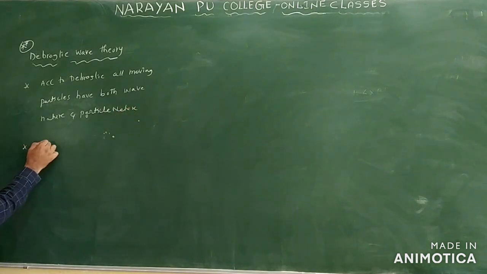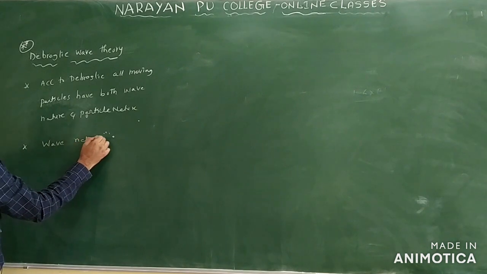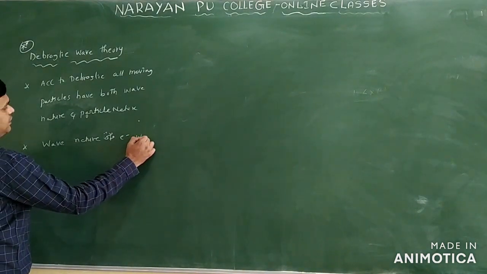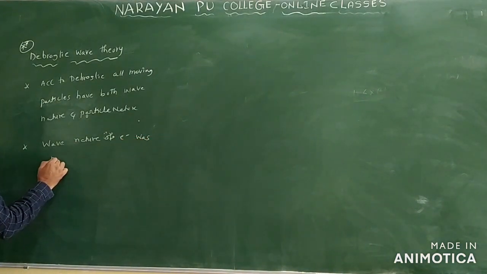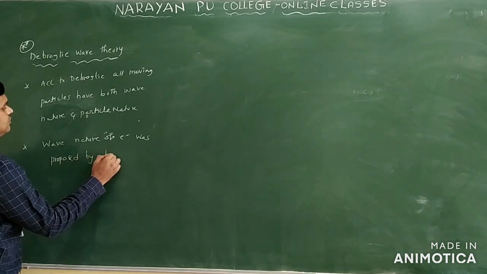So the wave nature of the particle, or you can say the wave nature of the electrons, was proposed by de Broglie.